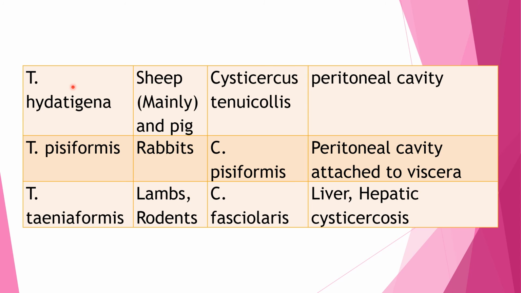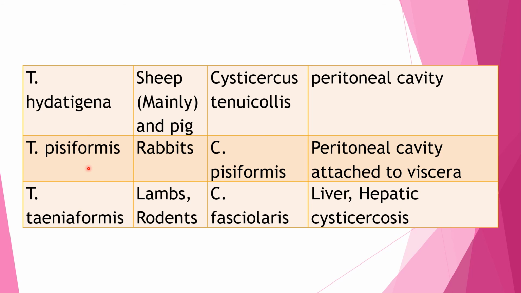Fourth species, Taenia hydatigena, intermediate host mainly sheep and pig. Name of the cyst, Cysticercus tenuicollis. The cyst is found in the peritoneal cavity.